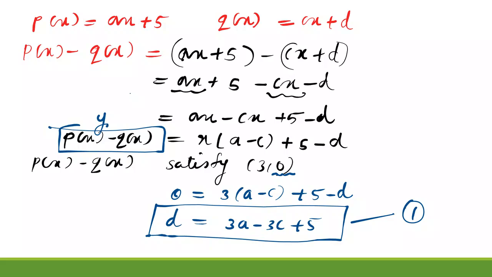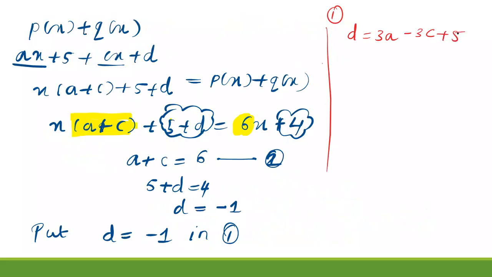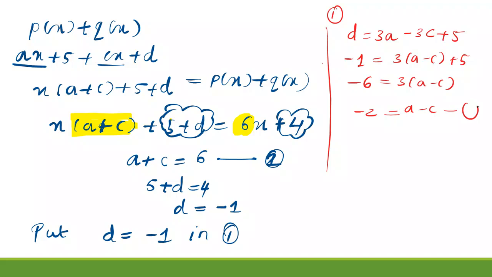So we get minus 1 is equal to 3 into a minus c plus 5, right? So we will get 3 into a minus c is equal to minus 1 minus 5, which is minus 6. Okay, so from this you will get a minus c is equal to what? Minus 6 divided by 3, which is minus 2. So this is your equation number 3.